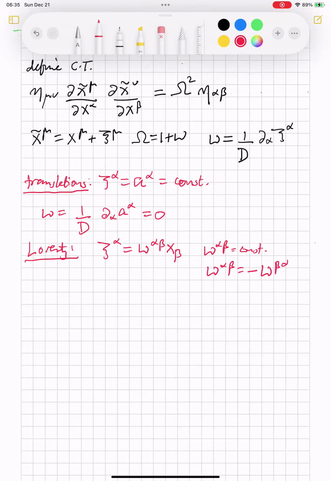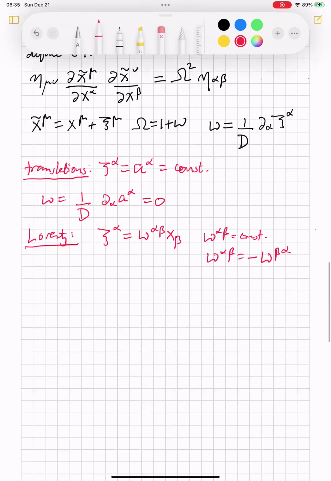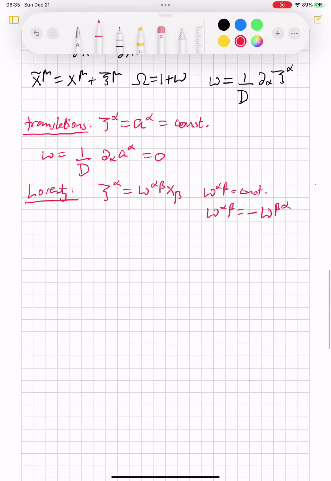So it's minus omega alpha beta. Okay, so if we now calculate little omega, it is equal to 1 over d times d alpha acting on omega alpha beta x beta.